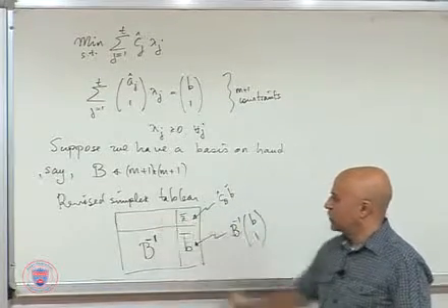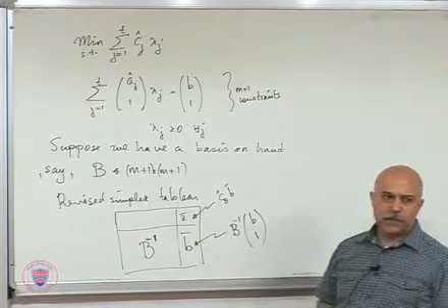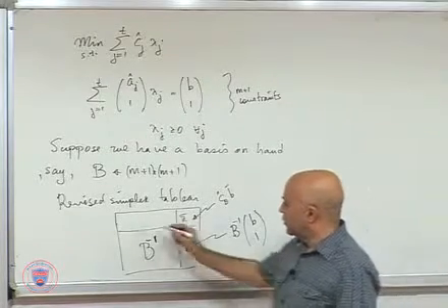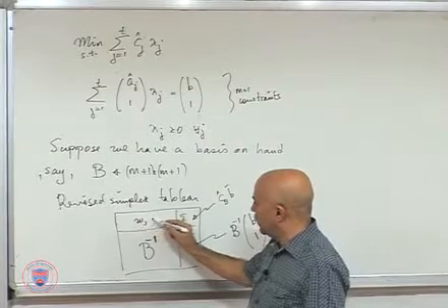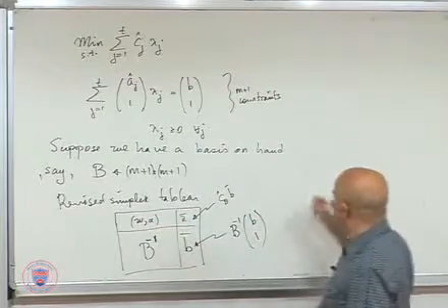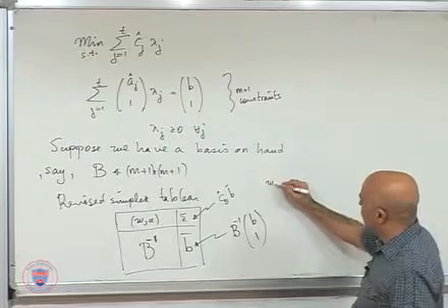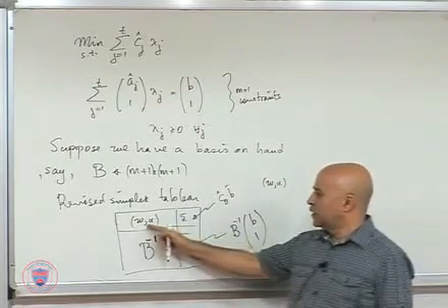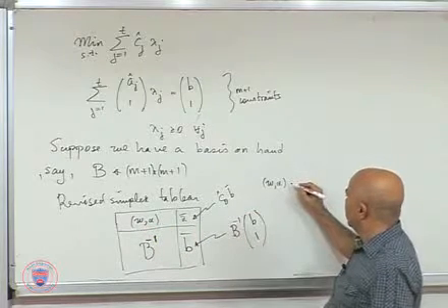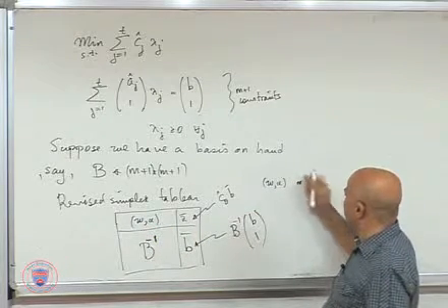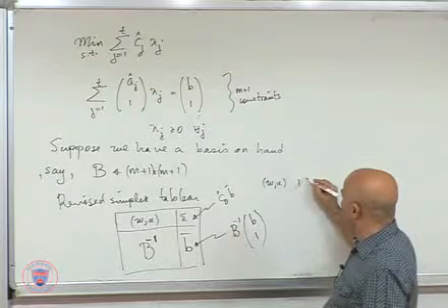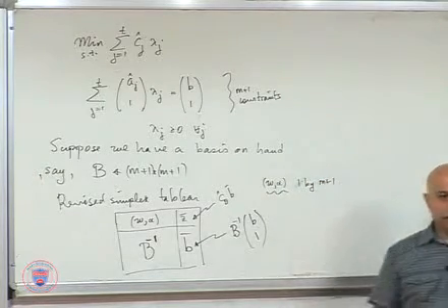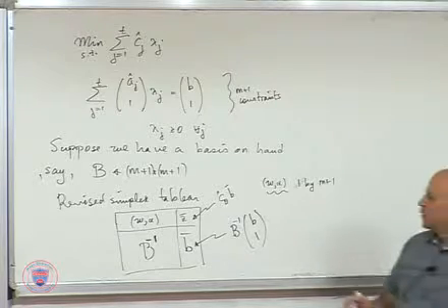Over here, we have the dual simplex multipliers. I'm going to use W and alpha for that, where alpha is just the last component of this n plus 1 vector, a 1 by n+1 vector. That's the dual simplex multipliers.